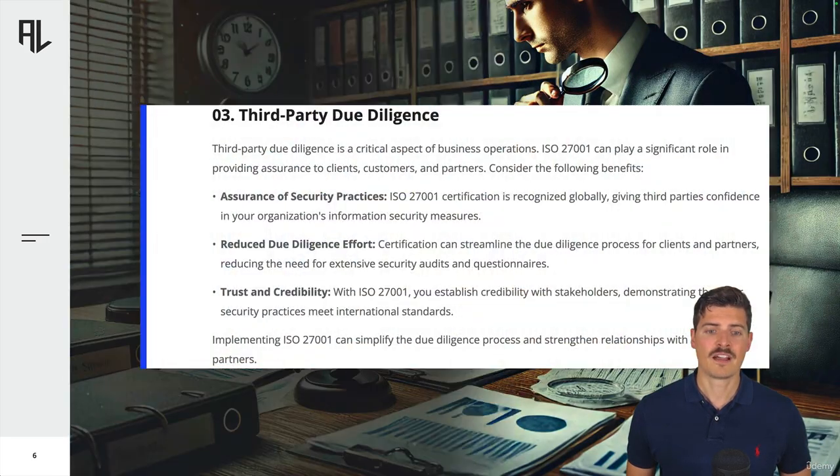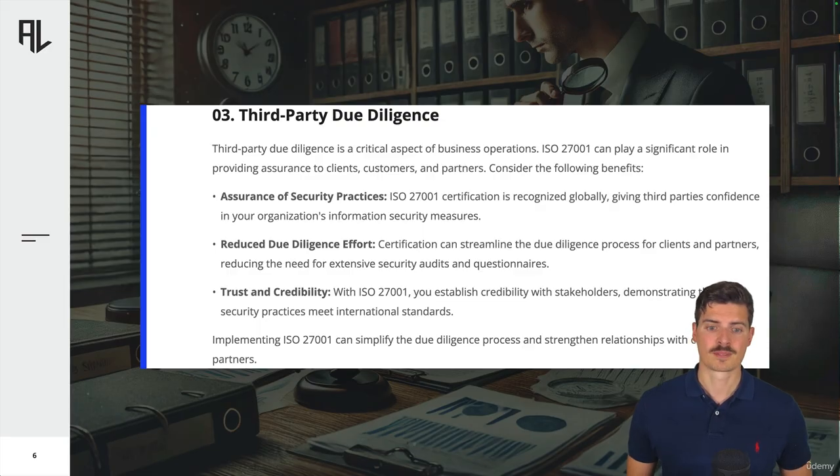Next up, we have the third-party due diligence. Now, this is another critical aspect of ISO 27001. So from my experience as a security officer, you often get sent these security questionnaires by your customers where they require you to basically tell them everything about your security program, and they want to have a lot of assurance that the data they trust you with is actually secure.